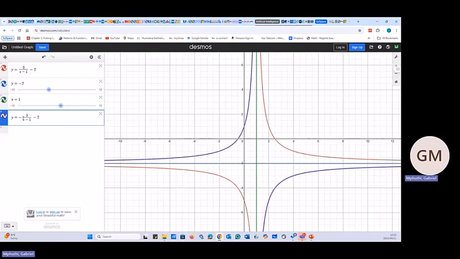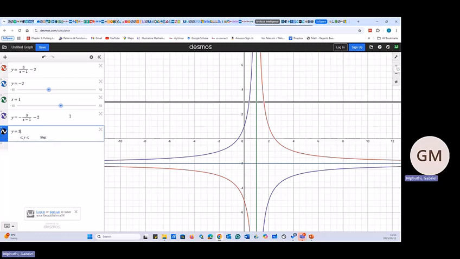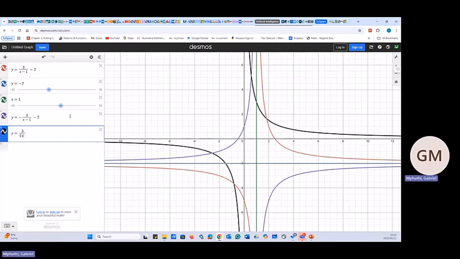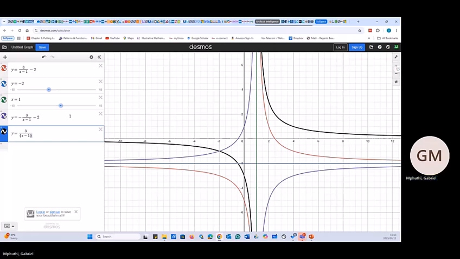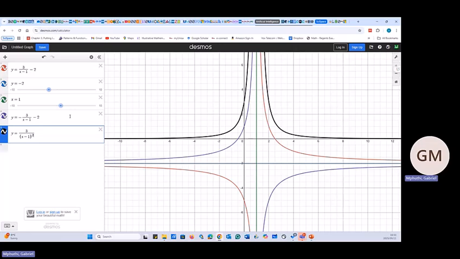So when we take the derivative, I know that the derivative equals 3 divided by x minus 1 squared.